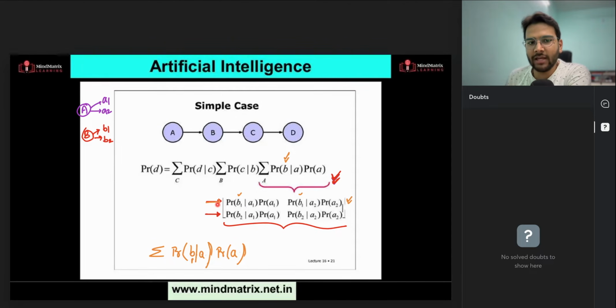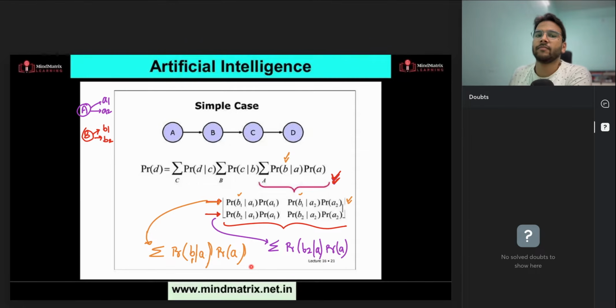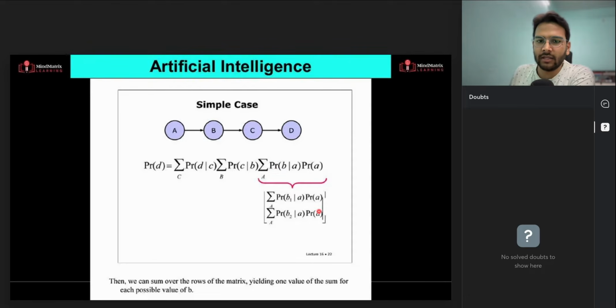So I can write this first row as summation of probability of B1 given A, and A can be A1 and A2, so both values are covered in this summation, right? Similarly, the second part I can write as summation of probability of B2 given A, probability of A. So this is what they have written here.